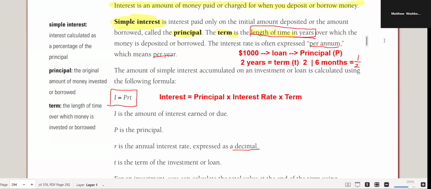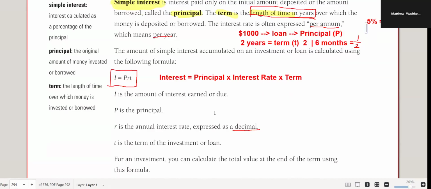Now I'm going to say I borrowed this $1,000 at a 5% interest rate, which is 0.05 if I turn it into a decimal. So in this case, my interest would be $1,000 times 0.05 times 2, because it's 2 years, right?